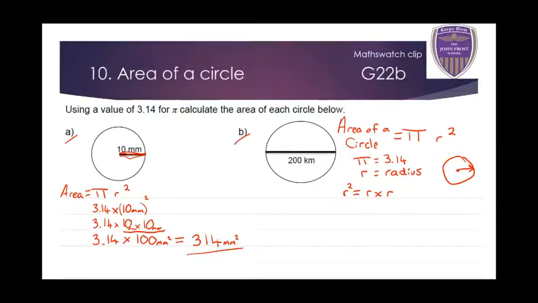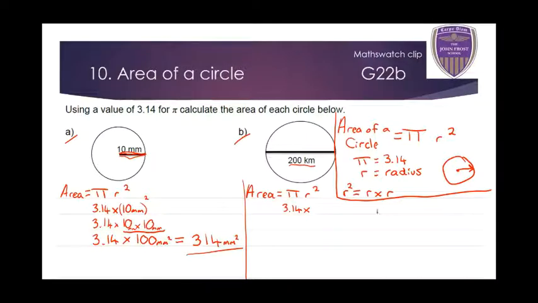Now question B. So again, let's block this off. So again, area equals pi r squared. Pi is 3.14, and I need to times that by the radius, but I'm only told the diameter this time. I'm told that the diameter of this circle is 200 kilometers.